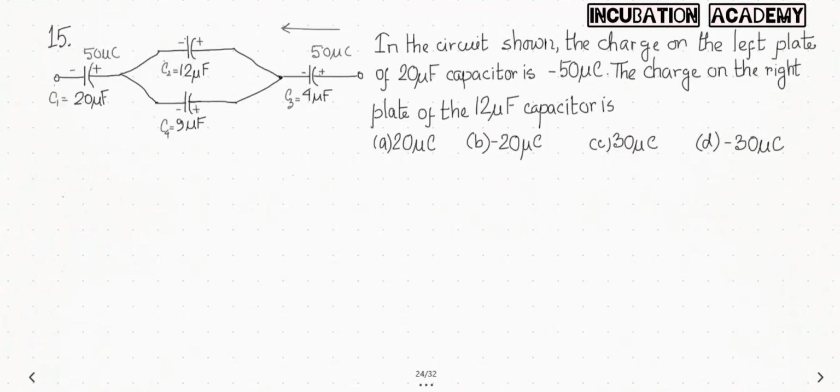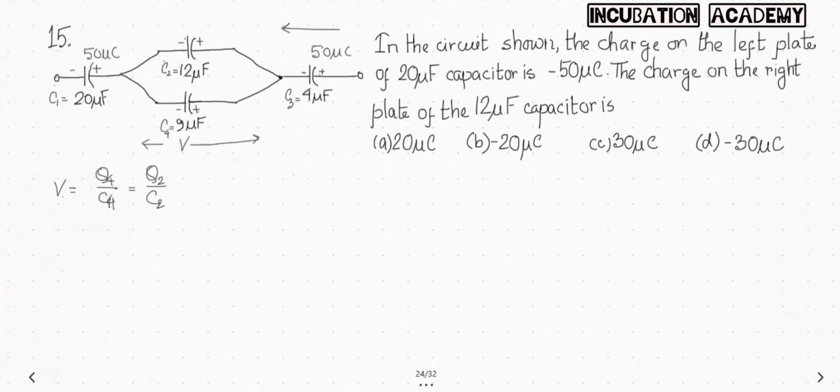Since they are connected in parallel, the potential difference across these two capacitors is the same. We can write V equal to Q1 divided by C1 equal to Q2 divided by C2, or rather Q4 divided by C4 equal to Q2 by C2.